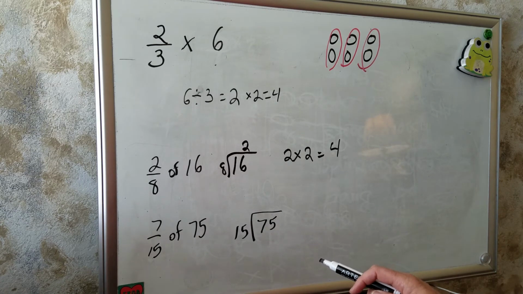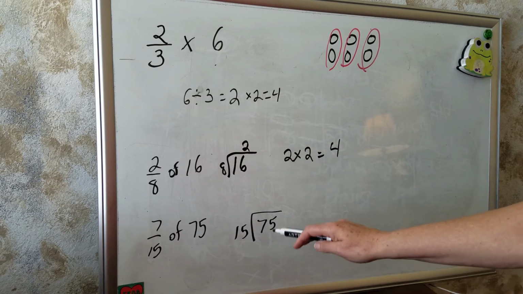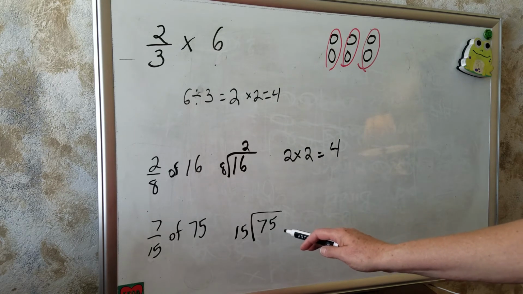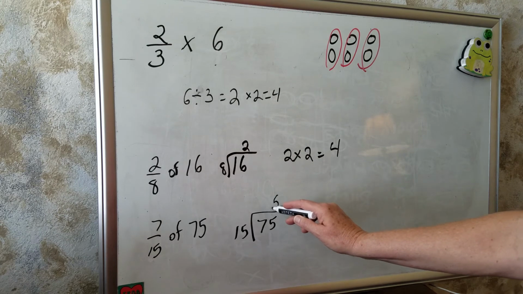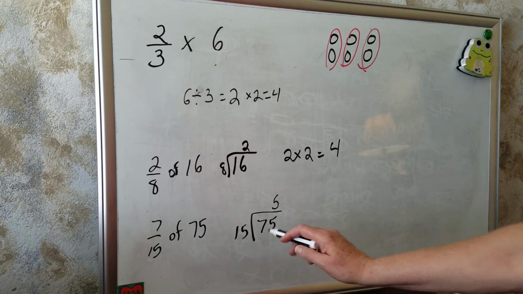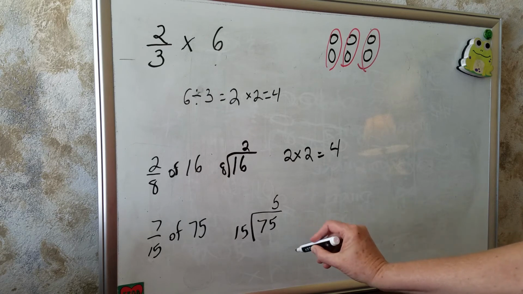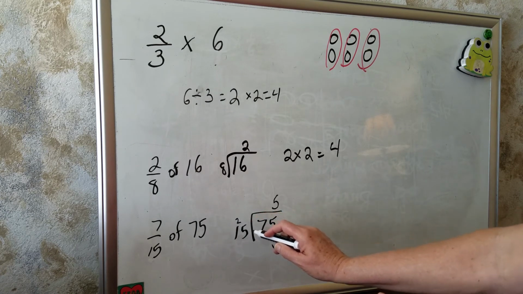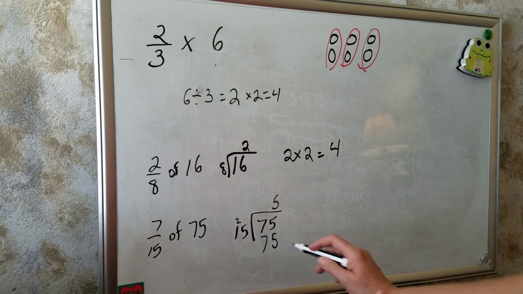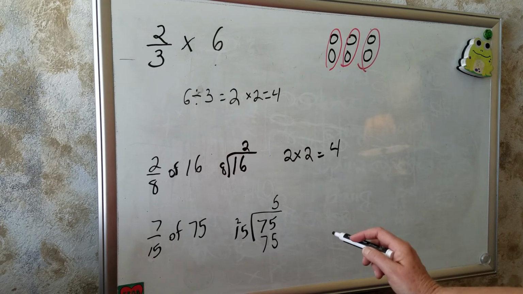We know that 15 times 2 is 30, and if I take 30 and 30, I get close to 75. So I'm going to guess that 5 is how many times 15 will go into 75, because 5 times 5 is 25. So I'm guessing that's going to be a really good guess there. And look, I'm correct. 15 will go into 75 exactly 5 times.